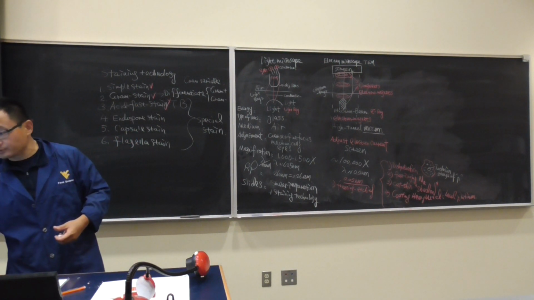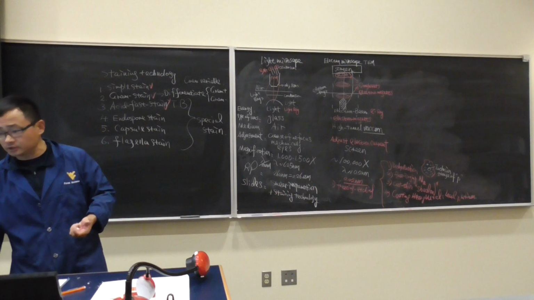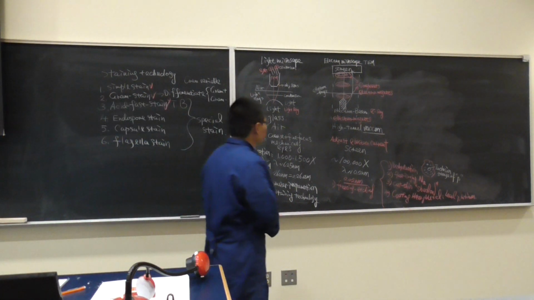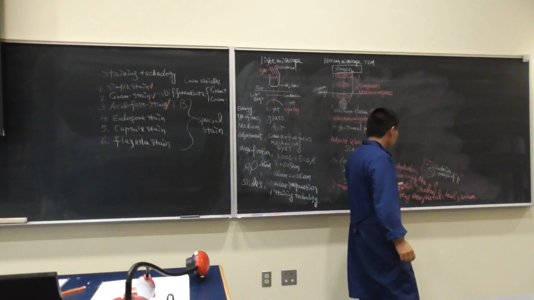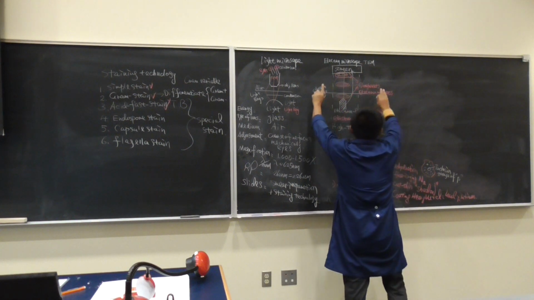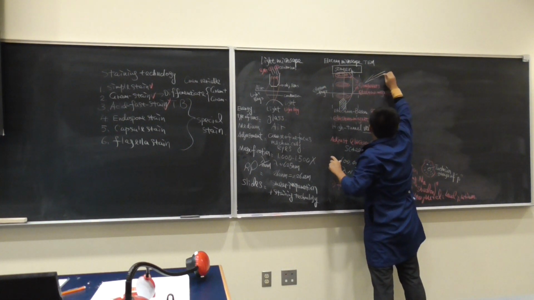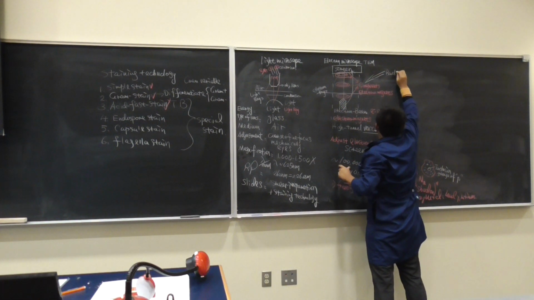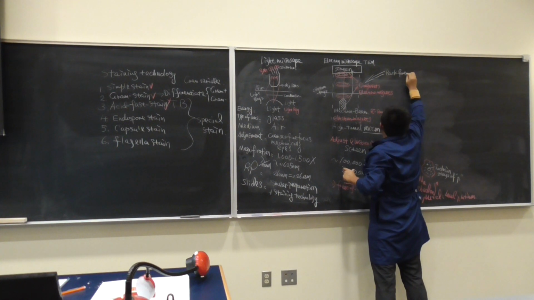Now I want to very briefly talk about the scanning electron microscope. With the scanning electron microscope, basically on the surface, you do a back and forth scan.